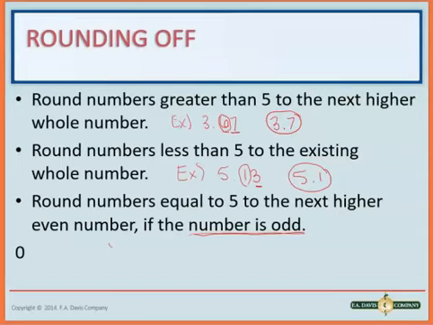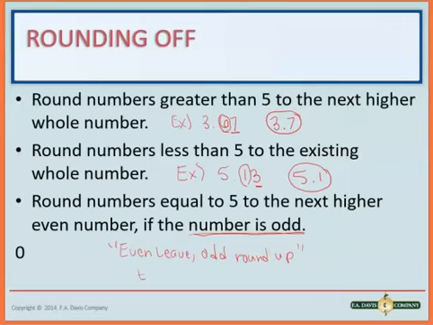We have a little trick to help us remember what to do in these scenarios. And the trick is even, leave, odd, round up. Okay, so if you remember this little saying, it'll help you remember what to do in this situation.